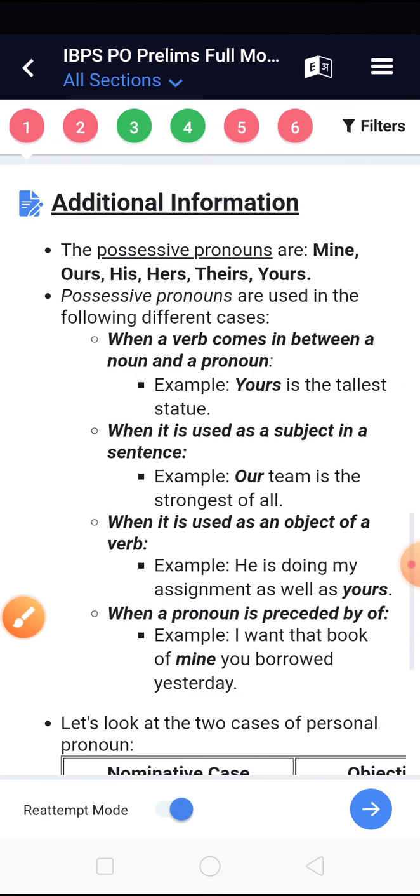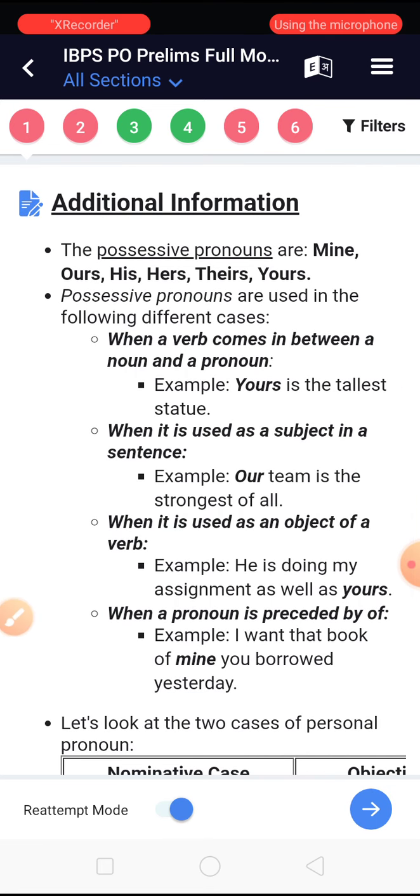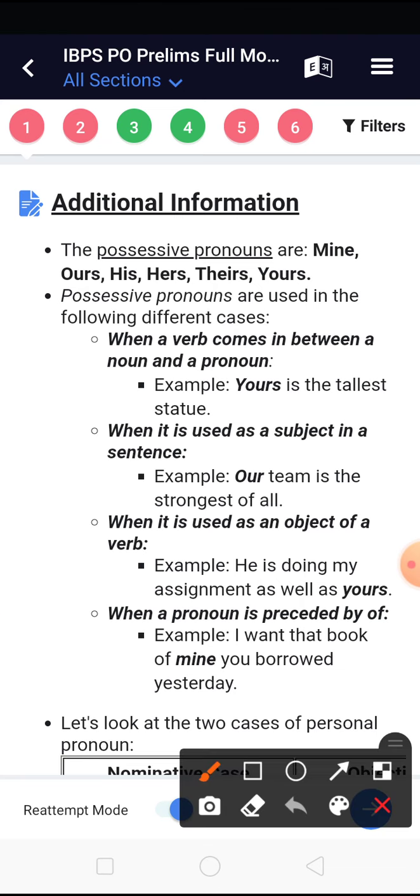Example: our team is the stronger of all. When it is used as the object of a verb. Example: he is doing my assessment as well as yours. When a pronoun is preceded by of. Example: I want that book of mine you borrowed yesterday.